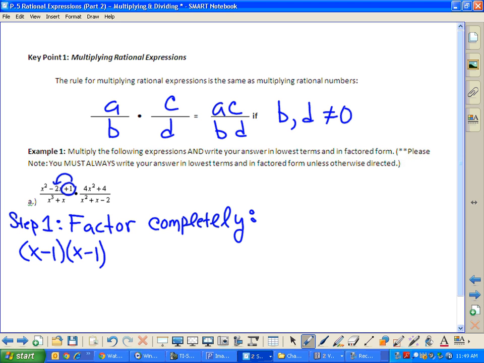On the bottom, we have x cubed plus x. You want to take the x out? It's a GCF. What's left over? X squared plus 1. By the way, remember, you don't write it if you don't understand it. So if you don't understand how I factored something, if you don't understand the technique that I'm talking about, you got to flag me down, all right? We did a warm-up 2 days ago.